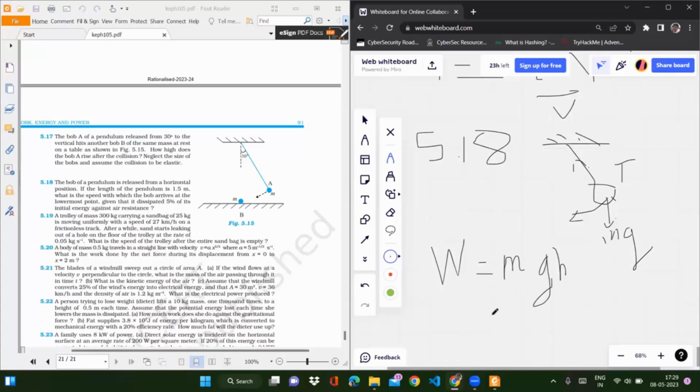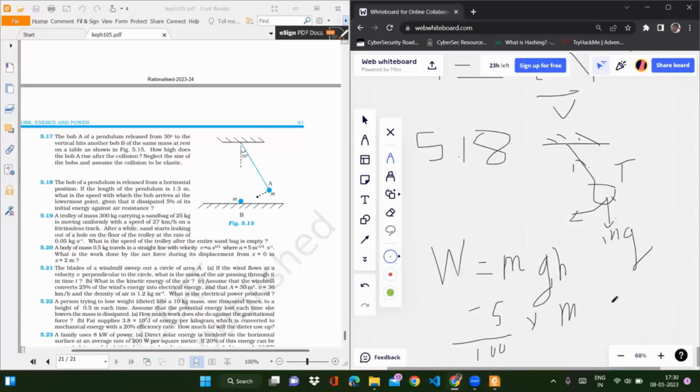So the net work done by the gravity will be mgh, and the work done by the resistive force is negative of 5% of mgh, minus 5 by 100 into mgh.